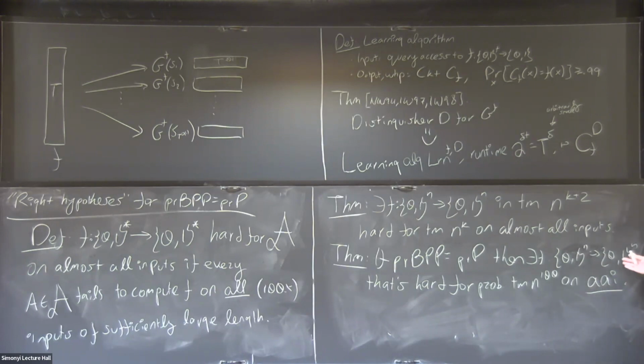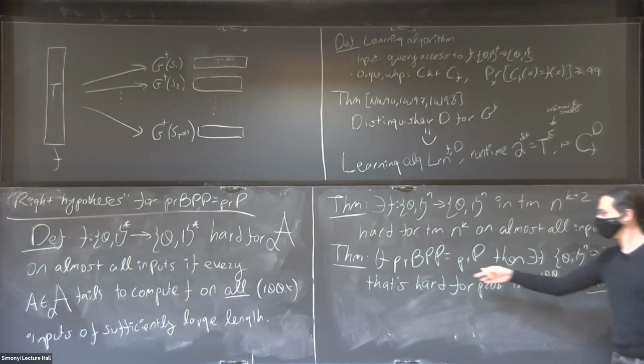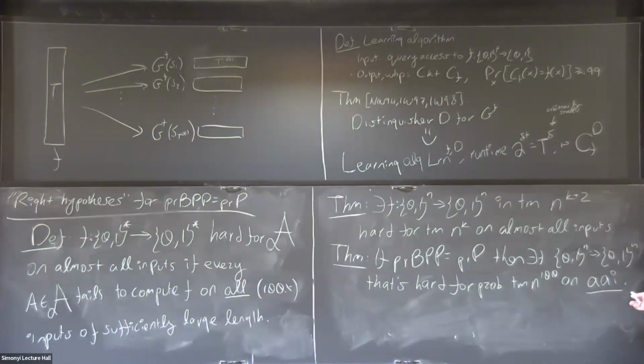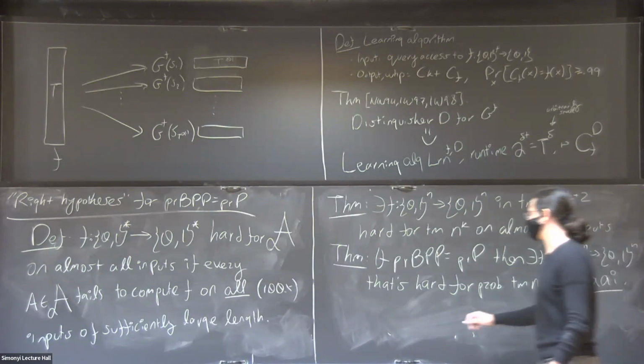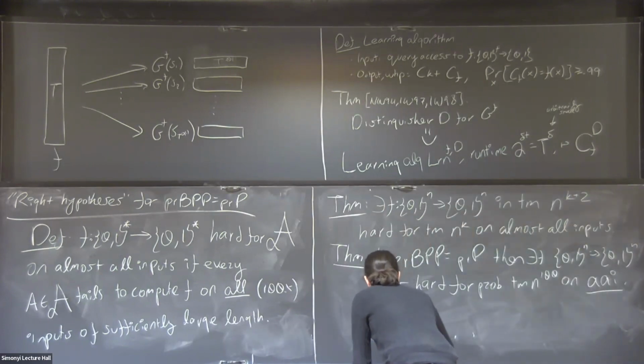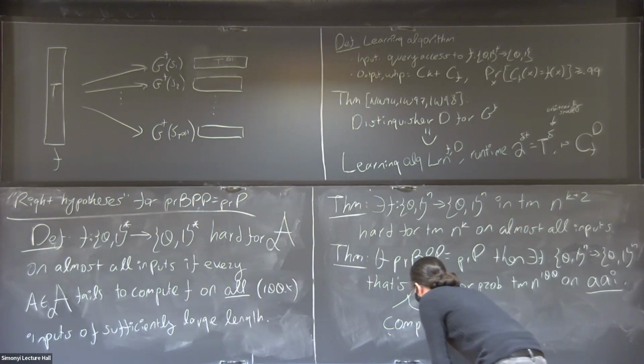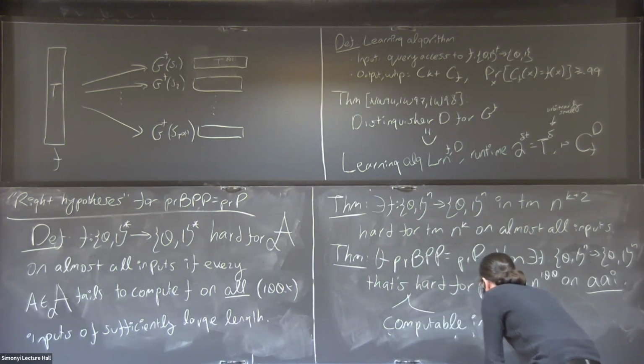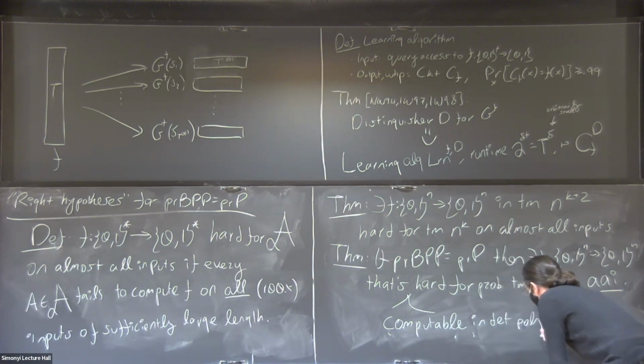And this should be obvious by what we just saw, because if probabilistic time equals deterministic time, okay, hey, wait, I didn't write the upper bound. I'm saying that's obvious. That's computable in polytime, right? In deterministic polytime. So you can compute f in deterministic polytime, but it's hard for probabilistic time n to the 100 on almost all inputs.